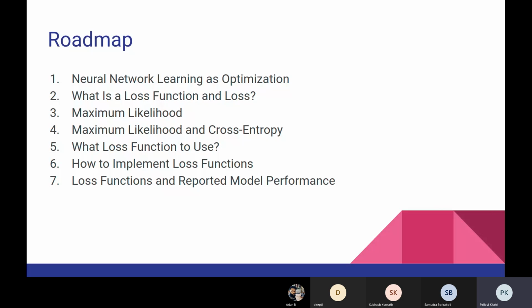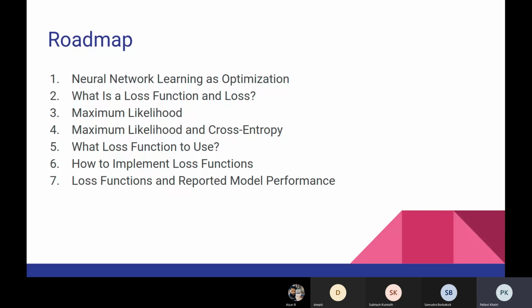Then we'll check what maximum likelihood and cross entropy are, and then which loss function to use. After that, I'll show some pseudocode of how to implement the loss function, and at the end we'll see how the loss function affects and reports model performance. So this is the agenda today, and it will be a quick and theoretical session.